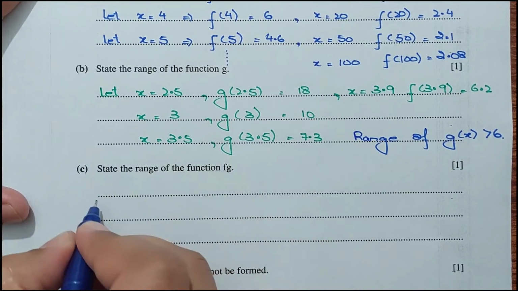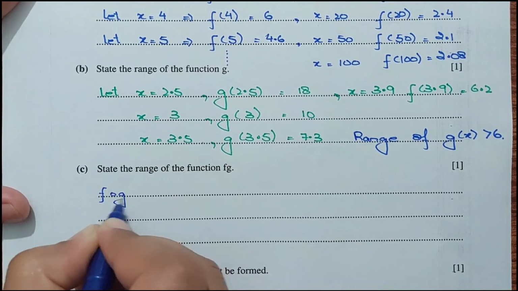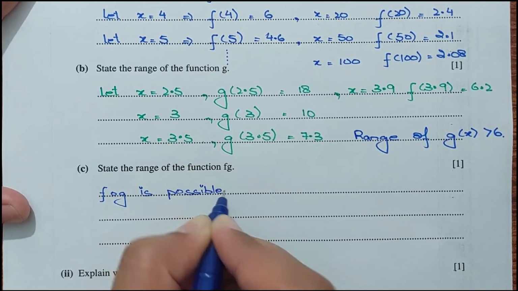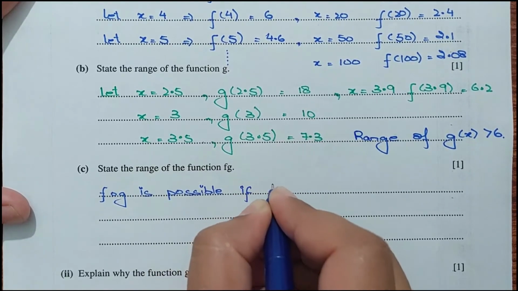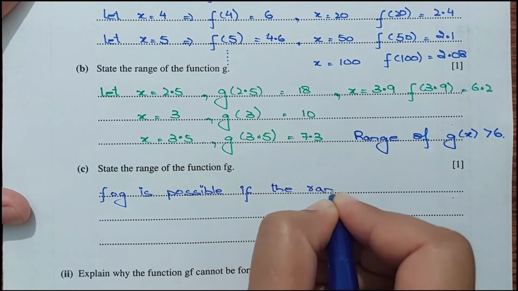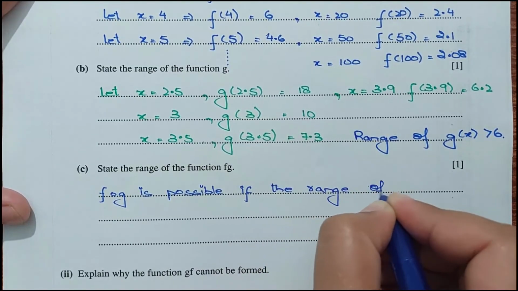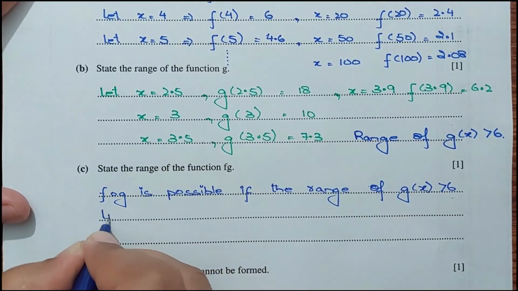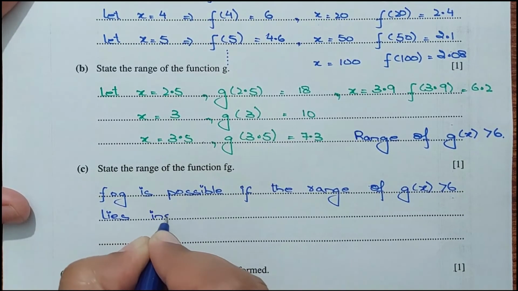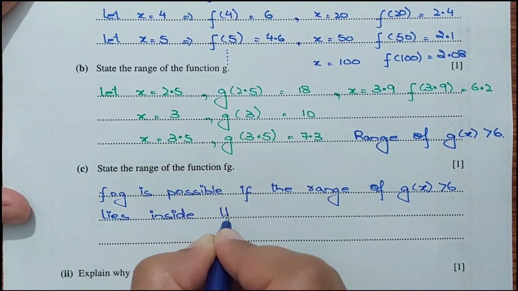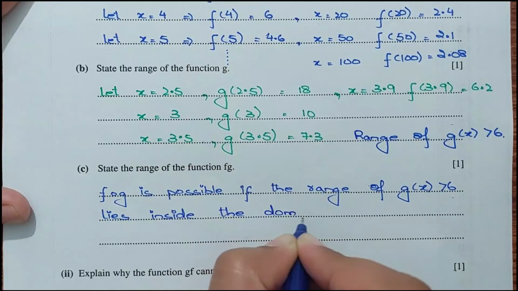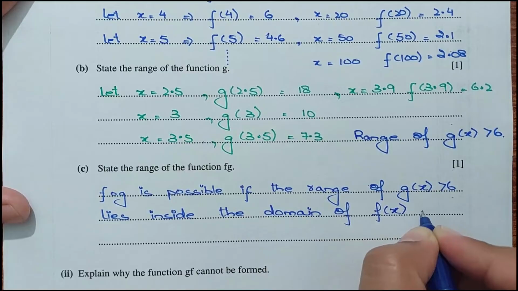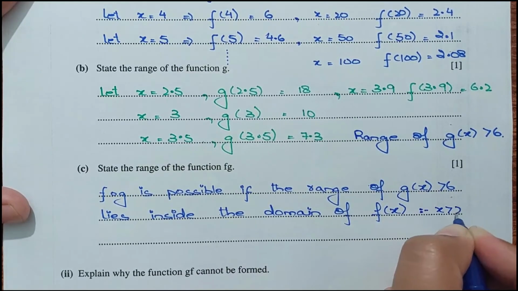The composition f composition g is possible if the range of the inner function, the range of g of x that is more than 2, lies inside the domain of the outer function. The outer function is f of x and its domain is x greater than 2.